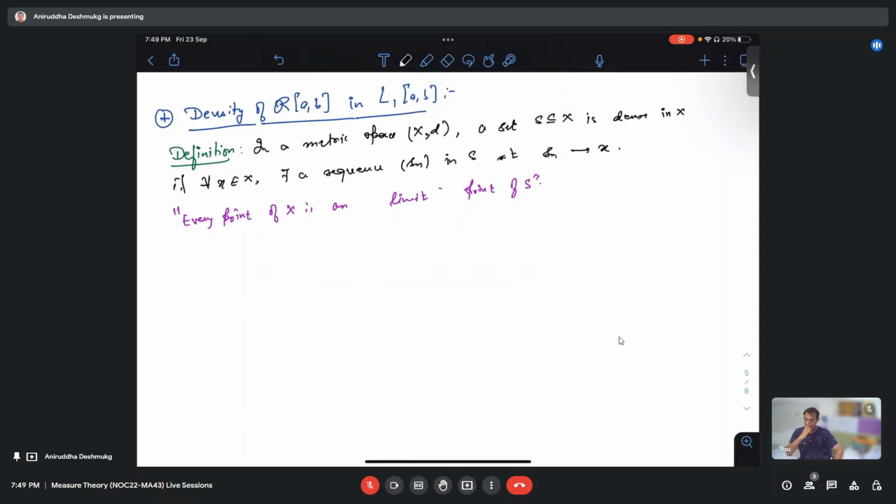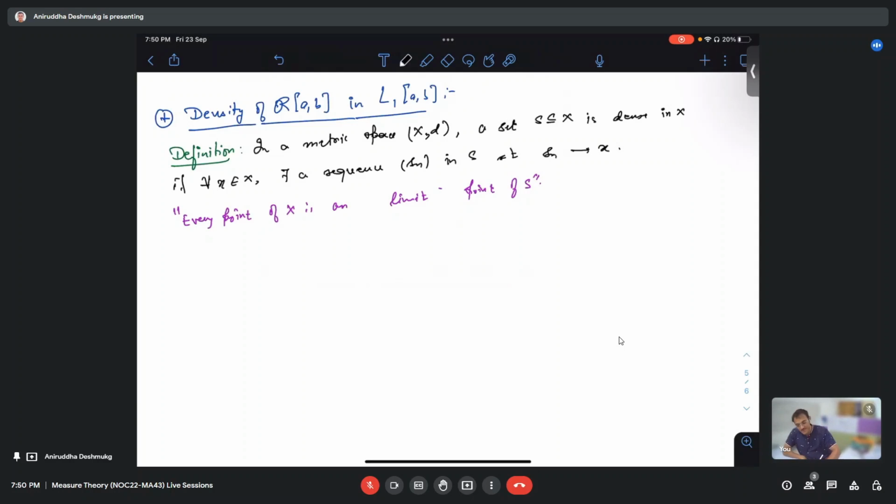One of the easiest examples is the set of rational numbers in the set of real numbers, that is dense with respect to the usual metric of absolute value. Irrational numbers are also dense in real numbers with respect to the usual metric of absolute value. What we want to say is that the space of Riemann integrable functions is dense in the space of Lebesgue integrable functions on closed and bounded intervals.